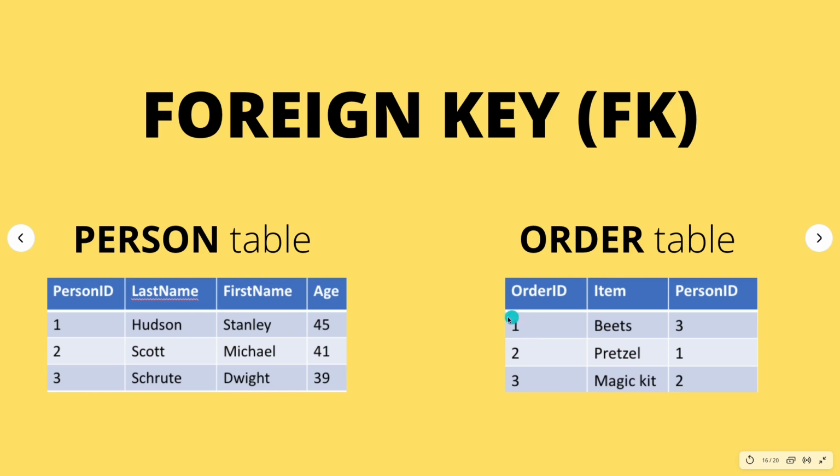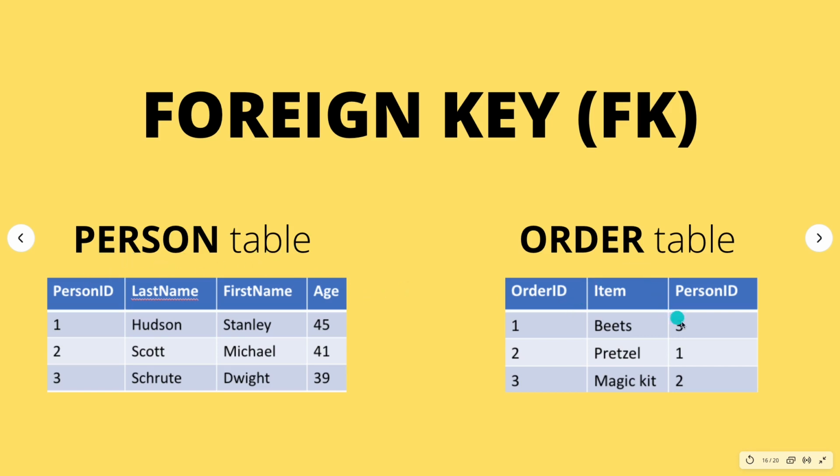As you can see here, interestingly, we seem to see two similar column names, right? Over here at the order table, we have a person ID. Wait, isn't that similar to this primary key here? So what we intend to do is use this column as a foreign key, and then we use this foreign key to refer back to the primary key in another table, as I explained at the beginning of this tutorial.